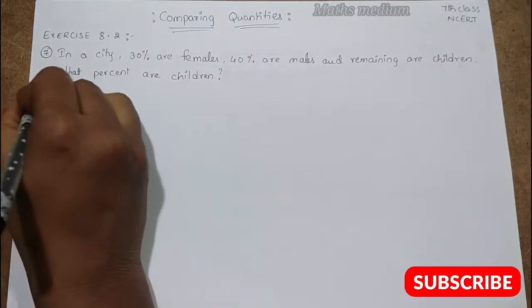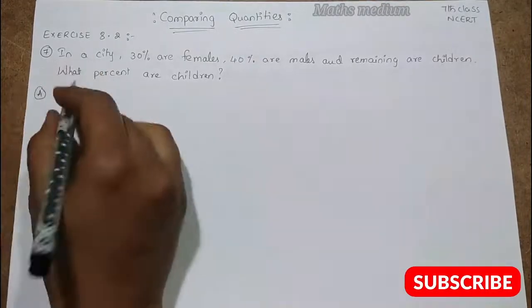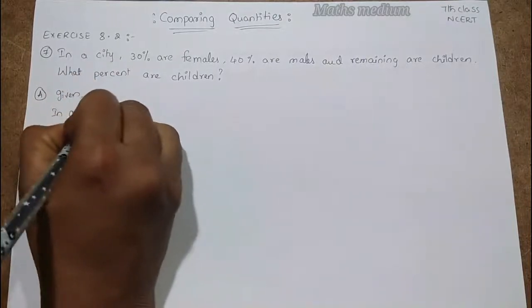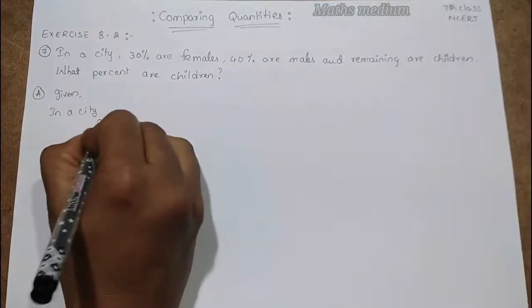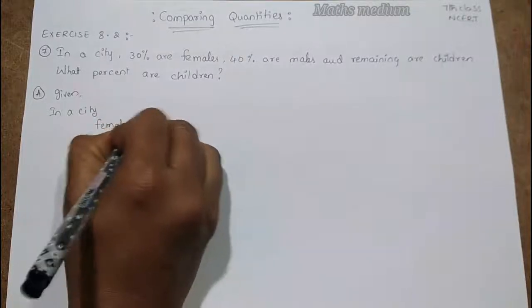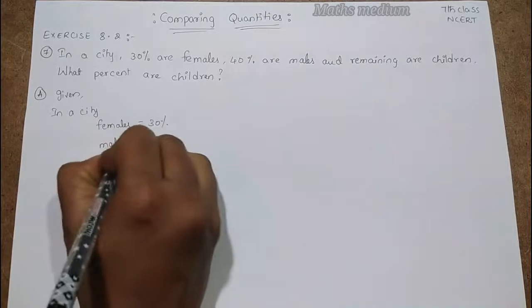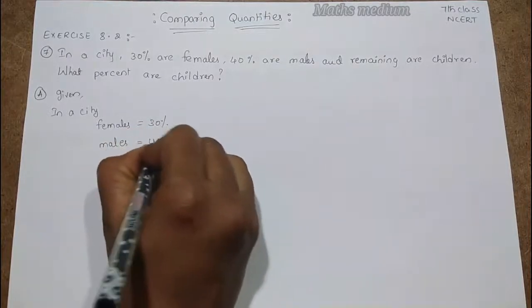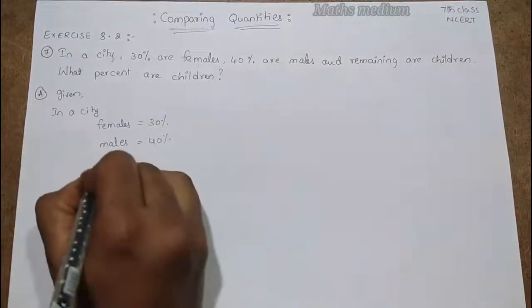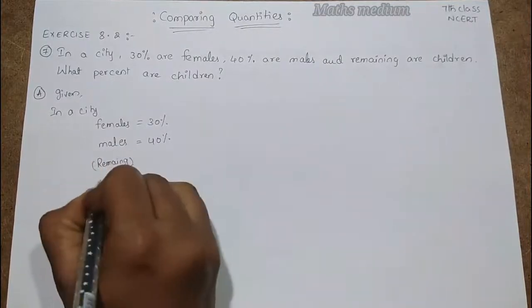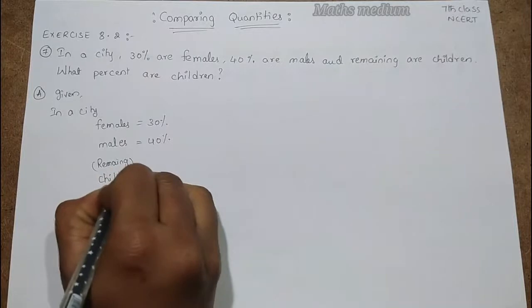So let's start. Given in a city, females 30%, males 40%, remaining, that is children.